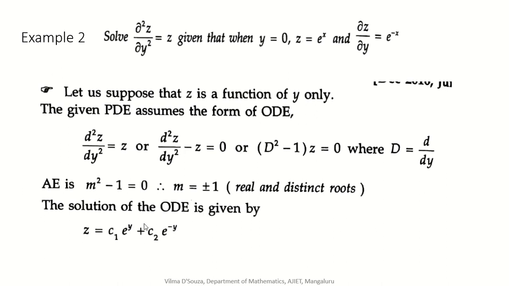So what is the next term? In this PDE, you assumed it as ODE by assuming that z is a function of y only. So you have got z is equal to c1 e power y plus c2 e power minus y. Since z is a function of both x and y, now this constant c1 and c2 must be functions of x.